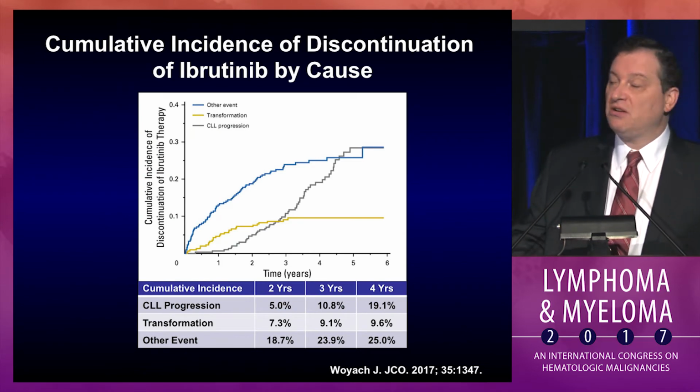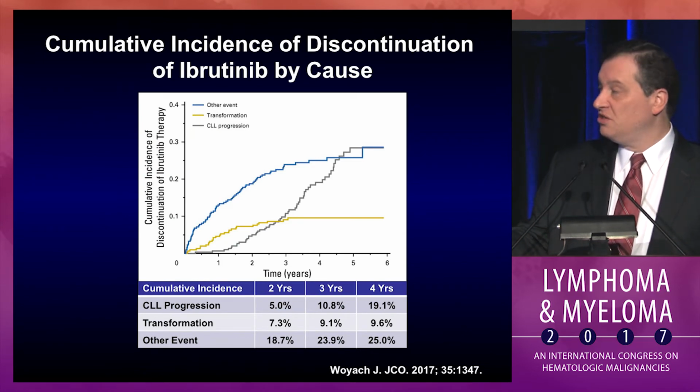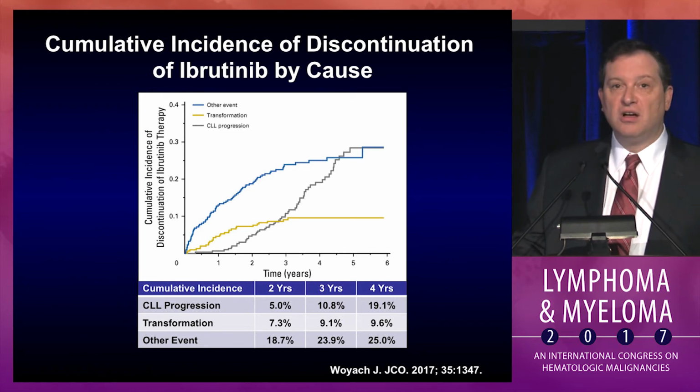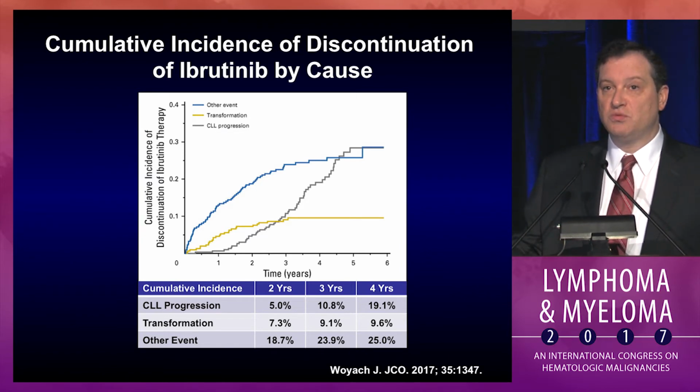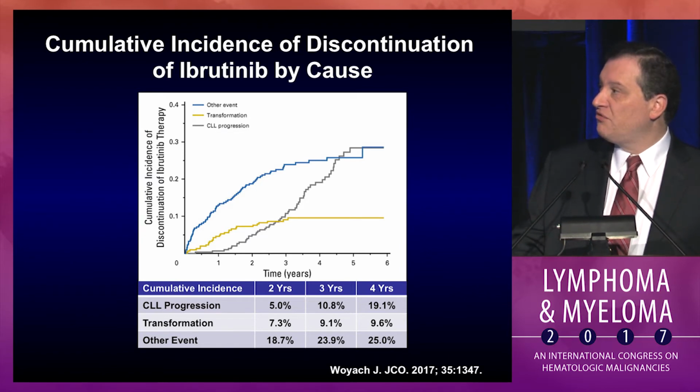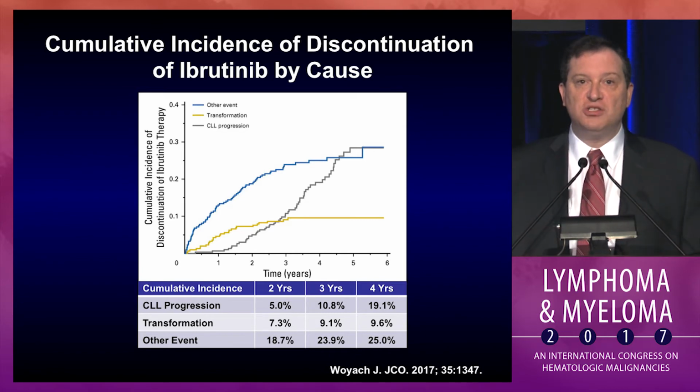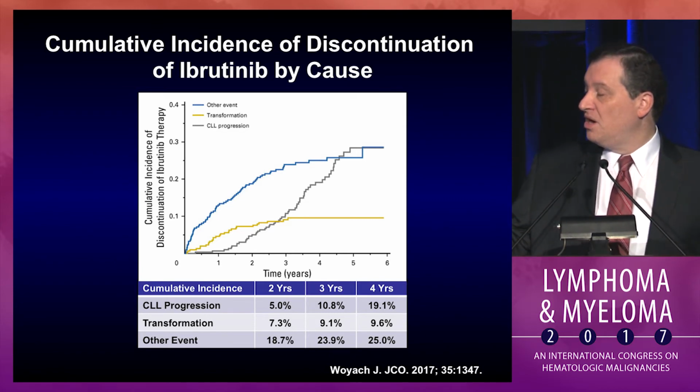Now, when we talk about going back to our modes of progression, we have our patients who develop a Richter's transformation and come off therapy, and here we have our patients who are coming off therapy for progression of their CLL that is due to CLL resistance. These are data from OSU looking at all patients who have come off ibrutinib, and here, of course, are the adverse event patients.